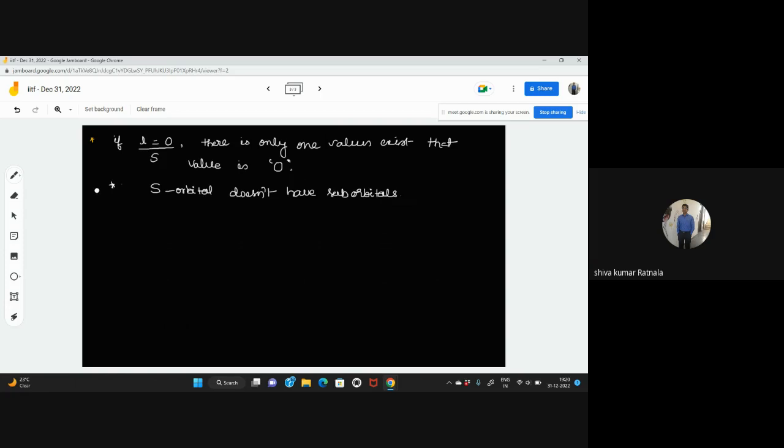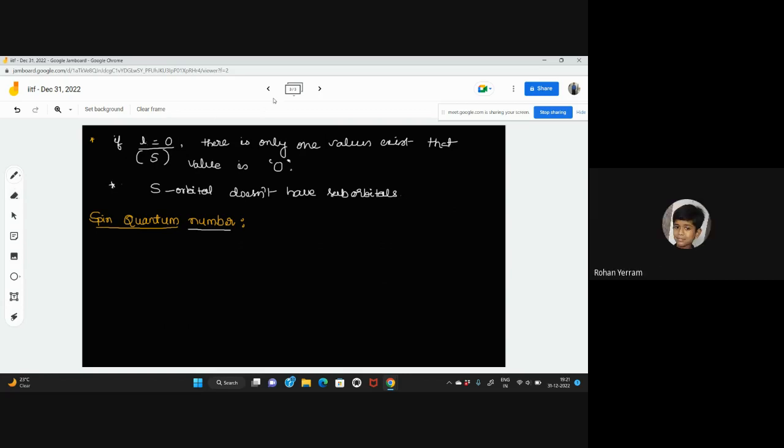And next one, the spin quantum number. It is plus 1 by 2, minus 1 by 2. Sir, why did you write L equal to 0 by S? L equal to 0 means it represents S orbital, I want to say.